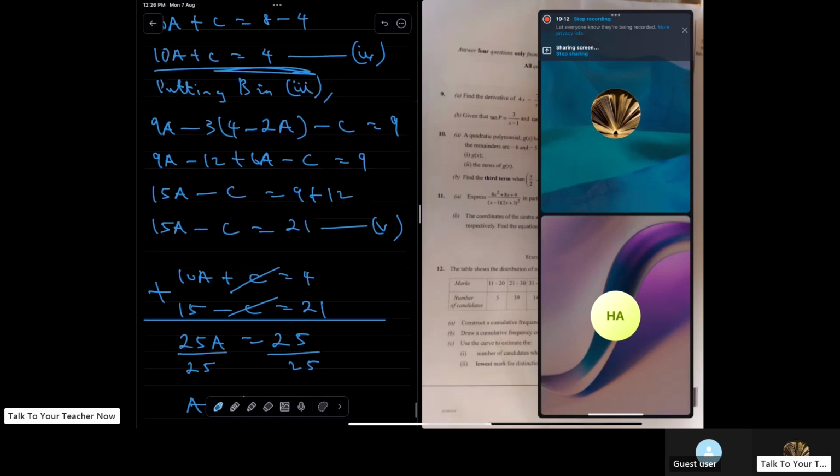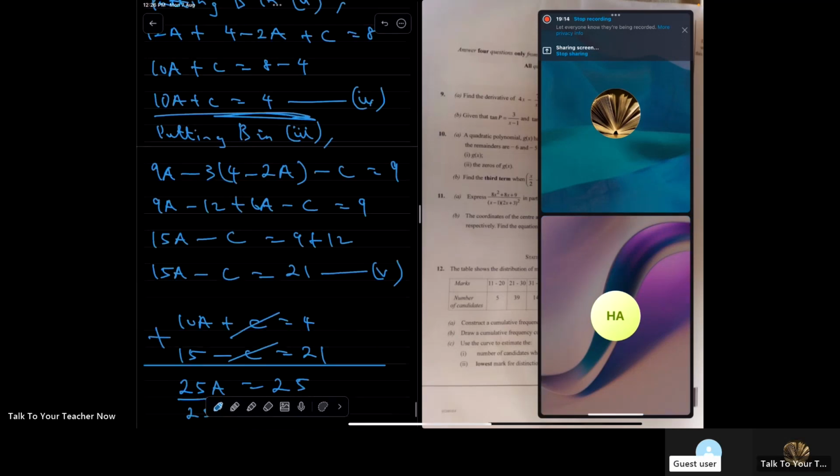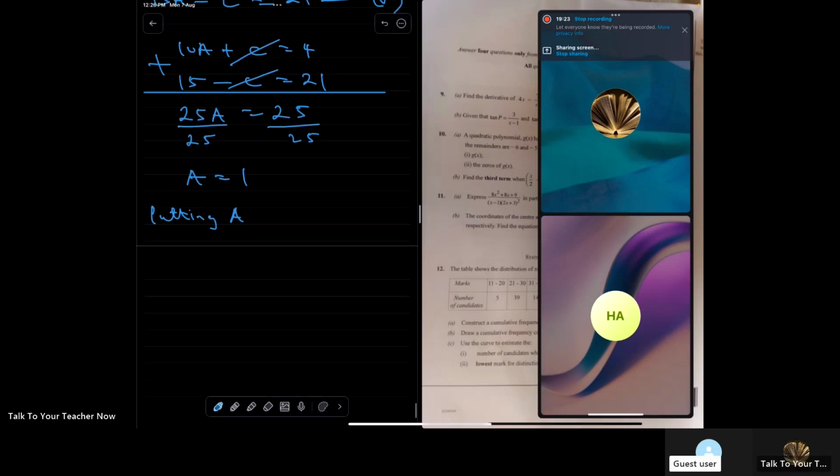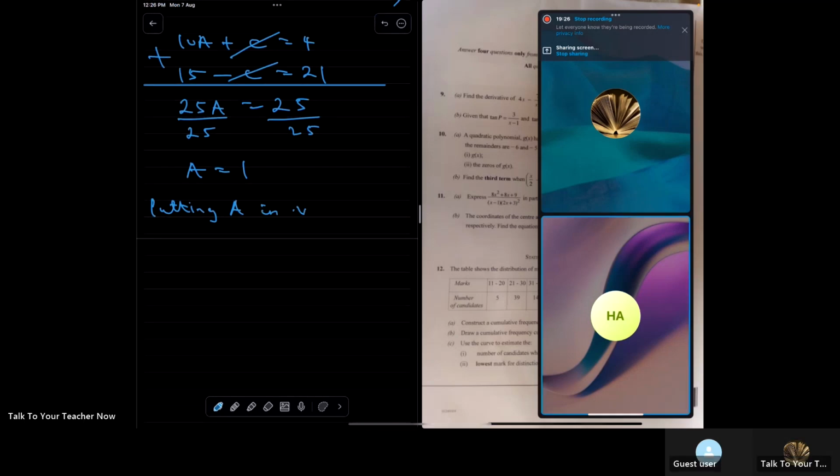Beautiful. a equals 1. So what do we do? You put a in an equation that has only a and one unknown, so in equation 4.